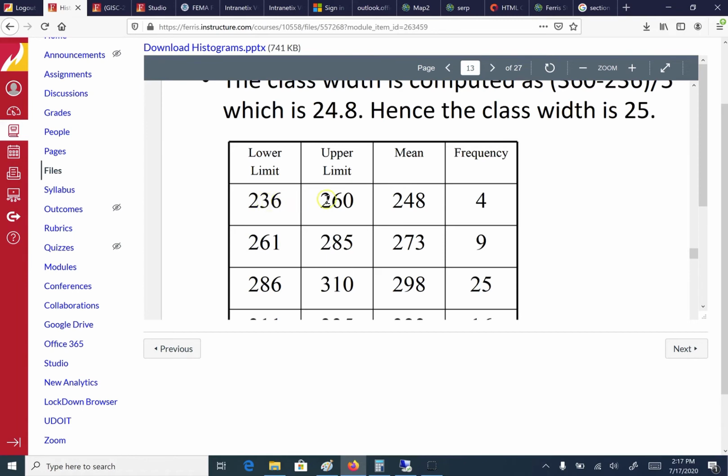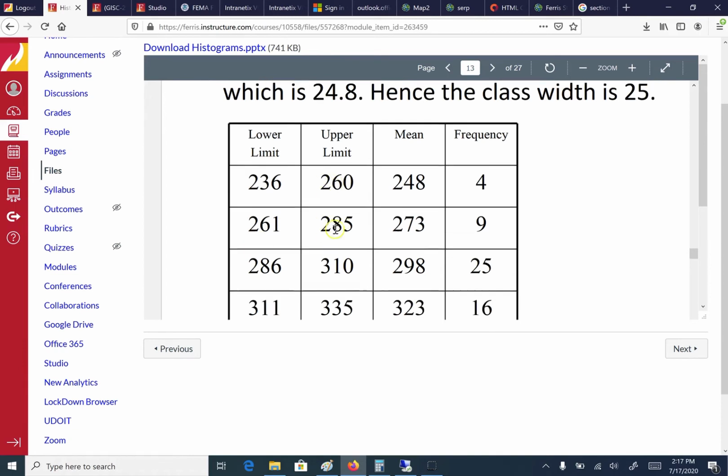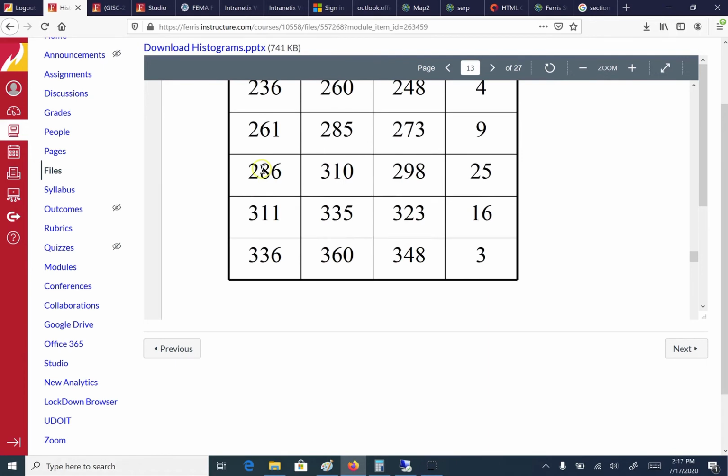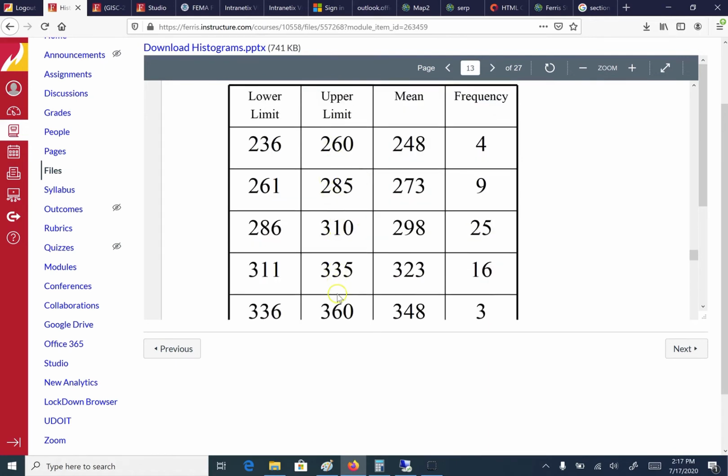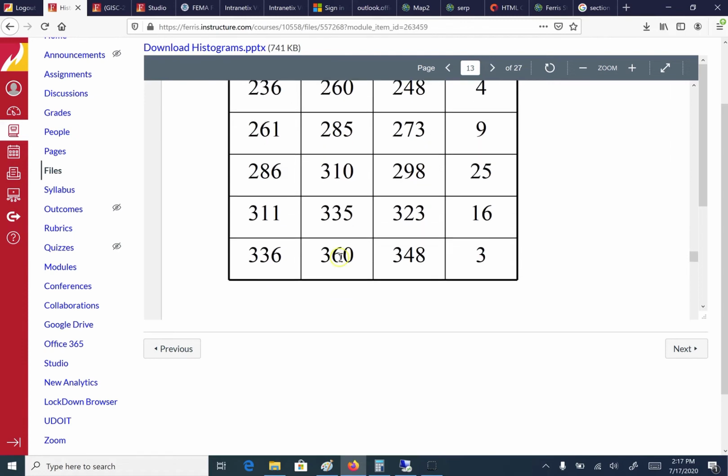From 236 to 260, 261 to 285. So 25 hours is the width of each class, 1, 2, 3, 4, 5, and we have 5 bars.